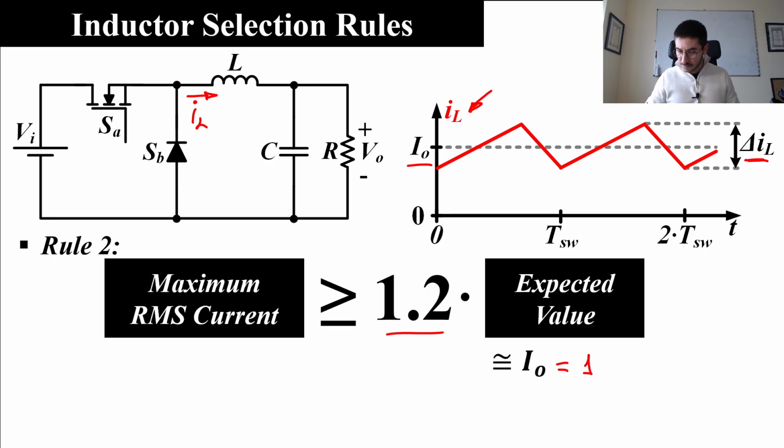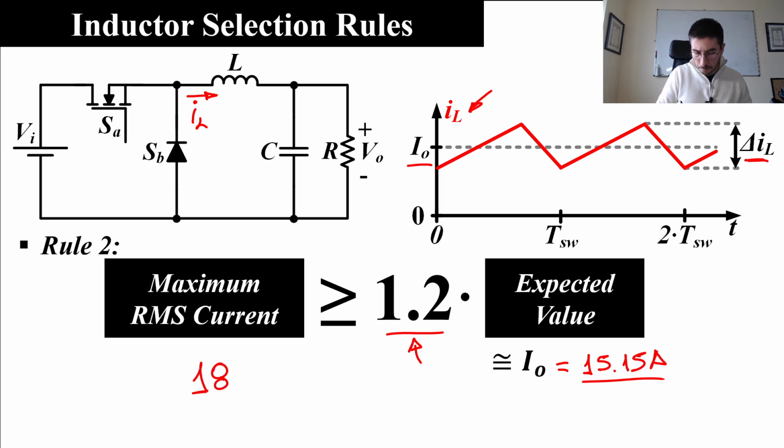The value is 15.15 amps. We multiply this quantity by this coefficient, and the value we have is 18.2 amps. So we need an inductor able to drive this amount of RMS current, okay? This value or a higher value.